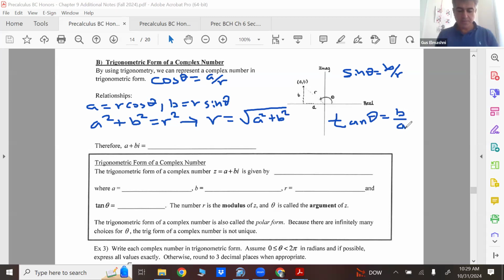Say it, go ahead. The opposite value also? Not necessarily. I mean, yes, it's a positive value. But here's the deal: if a equals r cos theta, then I can write this as r cos theta. But yes, r will be a positive value. You're 100% correct. If our a value is ever negative, it's going to be because of the cosine. If our imaginary number is ever negative, that's because of the sine theta. But the r value is always a positive value.